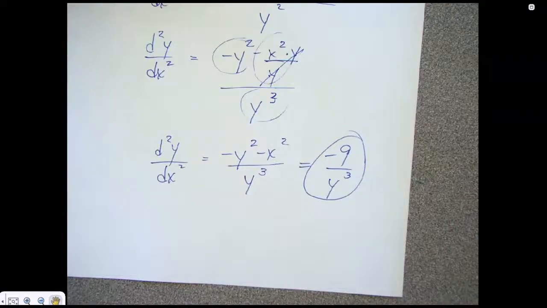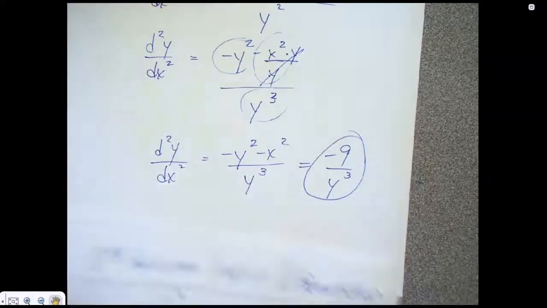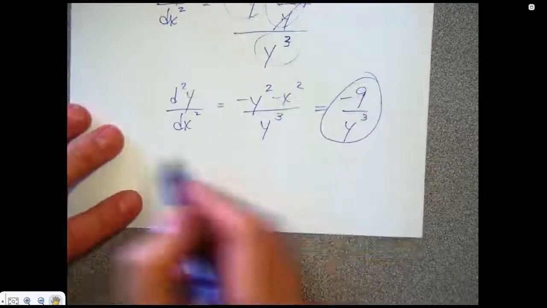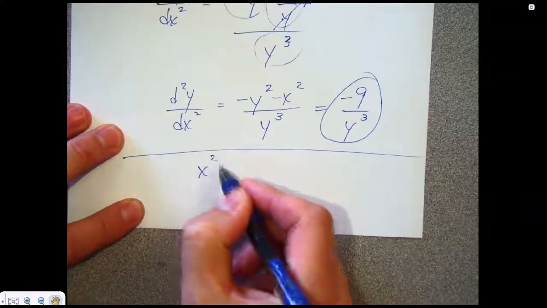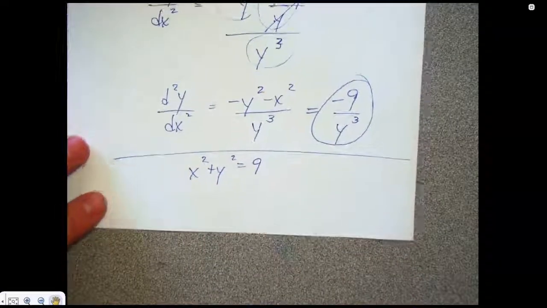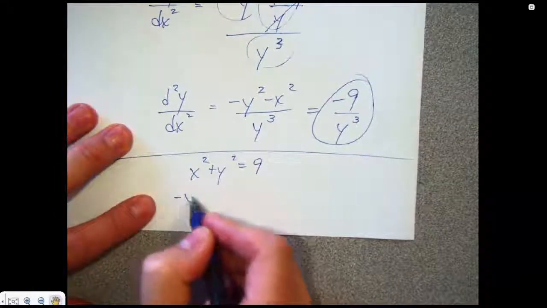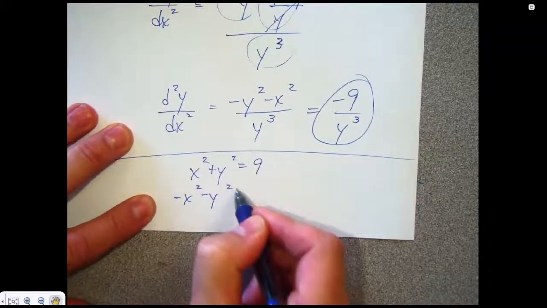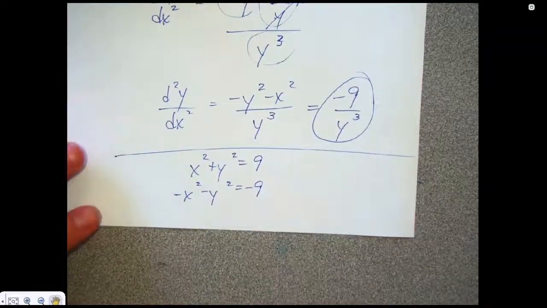But hold on. So let me make sure we all understand what happened there. The original equation told us that x squared plus y squared equals 9, right? Wouldn't that also mean that negative x squared minus y squared equals negative 9? Yes.